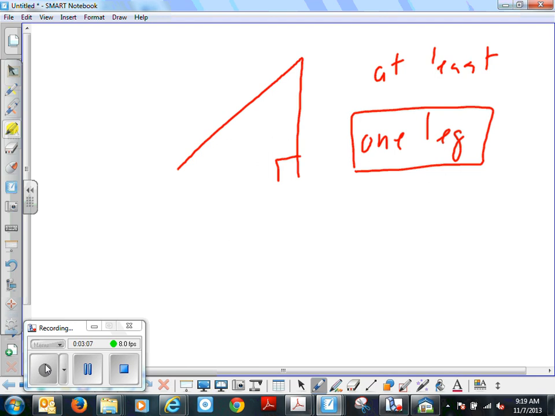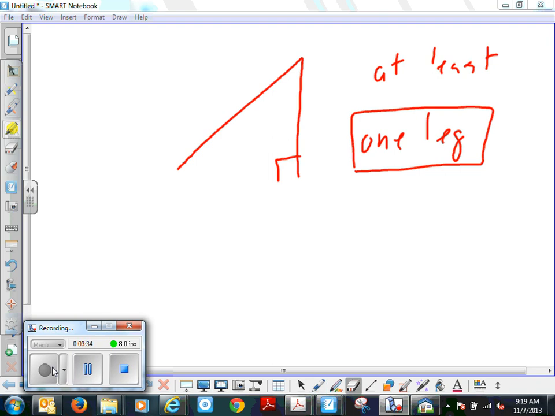Just one other thing. What do I have? That's right, you have a whole triangle. If you have two parts of any triangle, and one of them is a side, it doesn't have to necessarily be a leg, it could be the hypotenuse, then you can do SOHCAHTOA stuff, a squared plus b squared equals c squared. So you have the whole triangle. You have one side and one of anything else. So don't forget that.